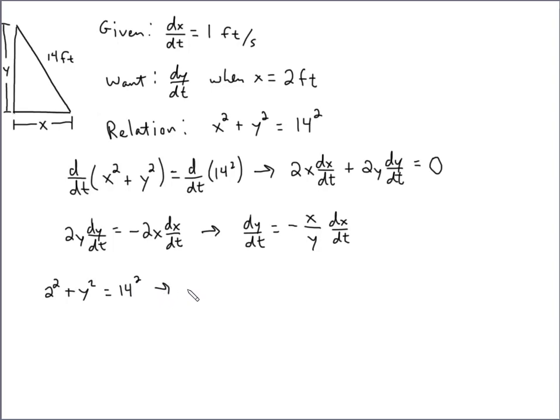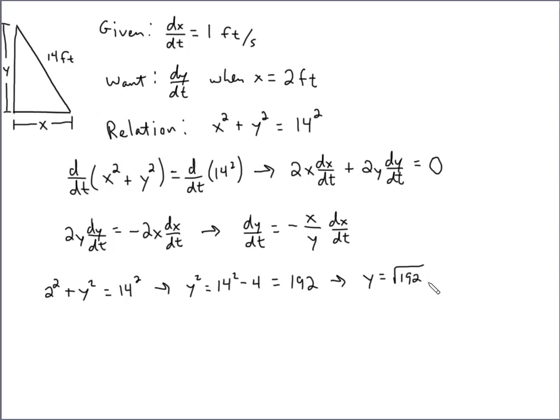We get y squared is equal to 14 squared minus 4. Put that in my calculator, 192. So when x is 2, y is the square root of 192.